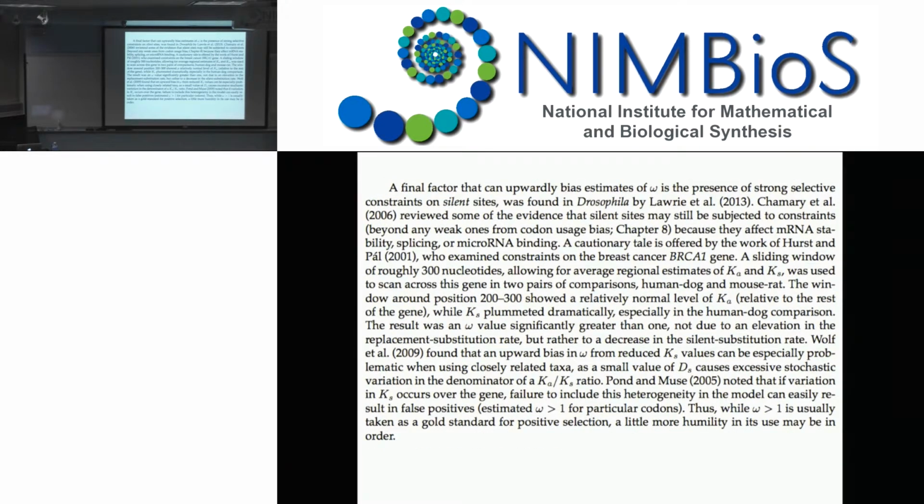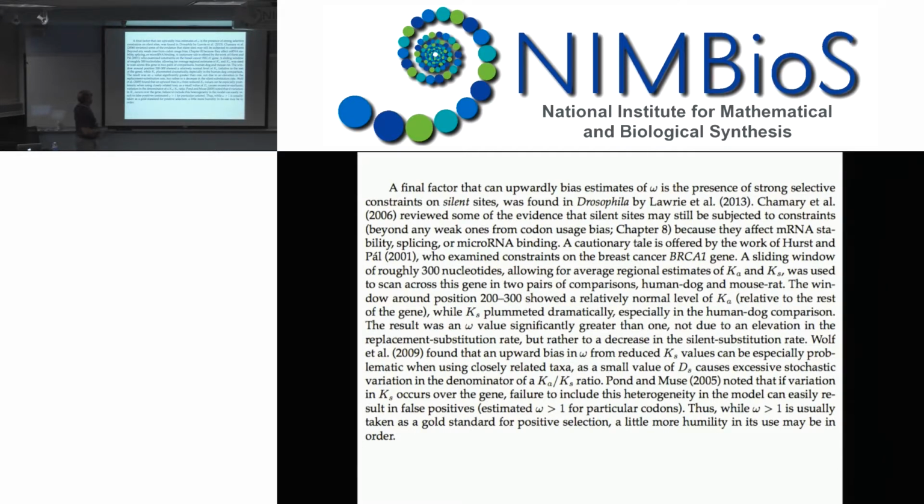A much more interesting case is this comparison of Ka to Ks. Ks being putatively neutral and therefore a good arbiter of what the basic mutation rate is like before it's filtered by selection. You can have cases, though, where there's a lot more selection at neutral sites than you think.